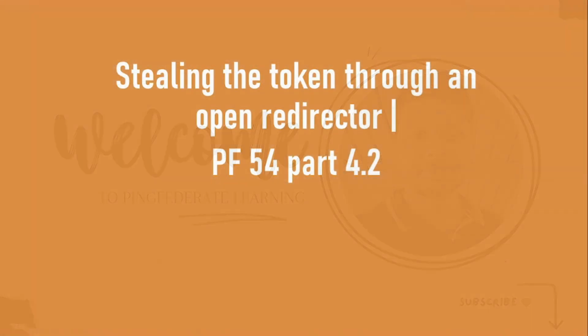In this section we'll talk about PF54 part 4.2, that is stealing the token through an open redirector. In the previous section we talked about how the authorization code can be hijacked through the referrer, and here we are trying to understand the token case.